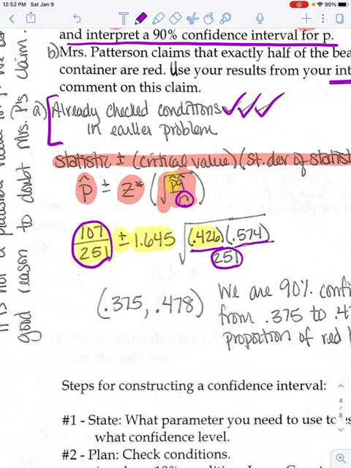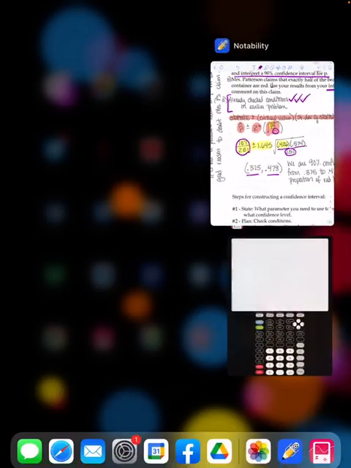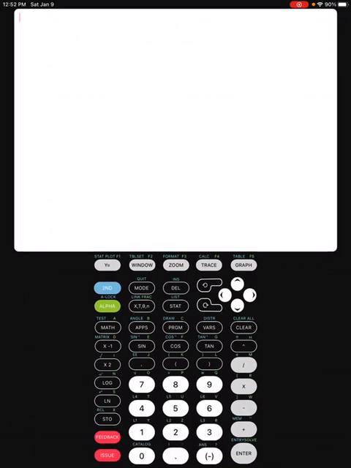Now, I'm going to type this in because the next thing I'm going to have is my interval. So here's what I'm going to do, and I want y'all to watch me type this in. Okay, so I'm going to do 107 divided by 251.